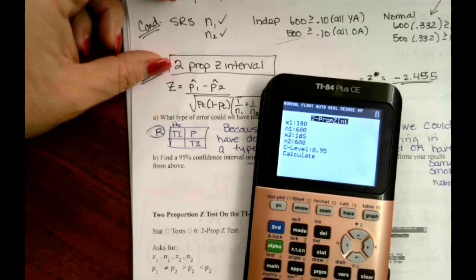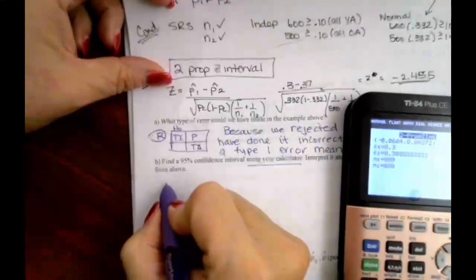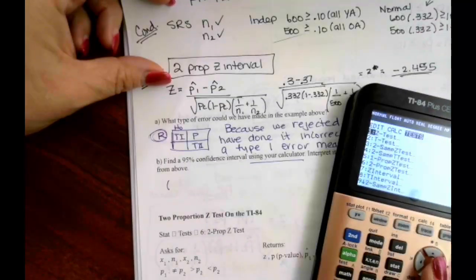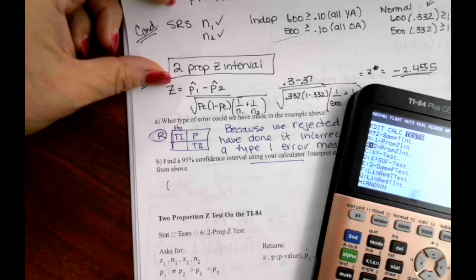And this is 95%. So here is our confidence interval. Hold on, I'm going to check this again because that's not what I have written down. 2 prop z interval, 180, 600.